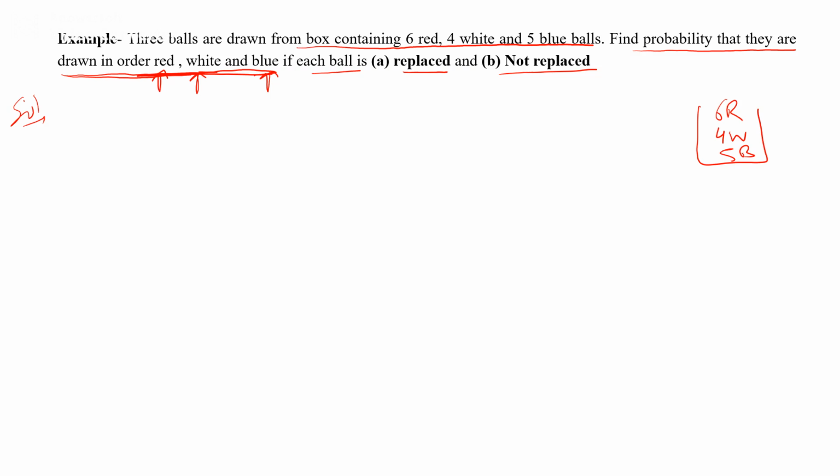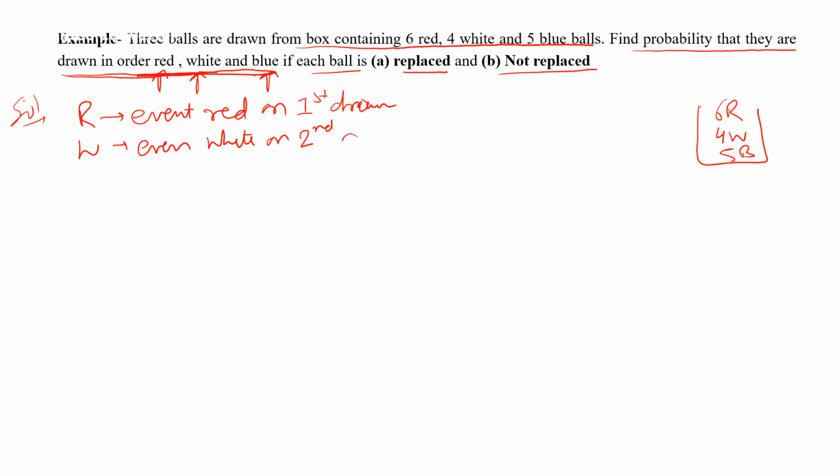So here we consider an event, say R, be the event of getting a red ball on the first draw, W the event of getting a white ball on the second draw, and B, blue, the event of getting a blue ball on the third draw, or we can say third time.